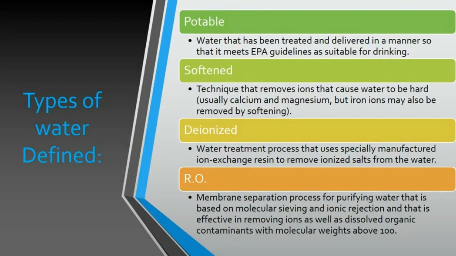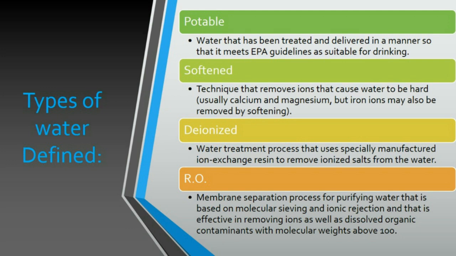Let's define those. Potable water is water that has been treated and delivered in a manner so that it meets EPA guidelines as suitable for drinking. That sounds pretty good unless you watch TV and have seen the commercials for water filtration systems where it says this water has an acceptable amount of lead.